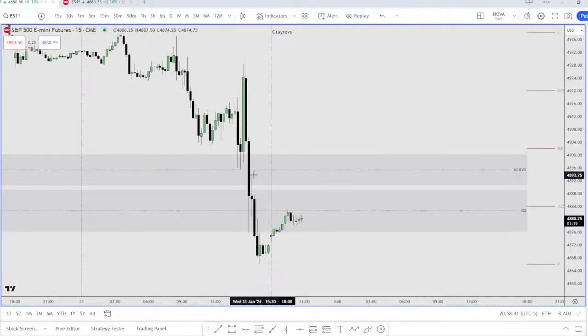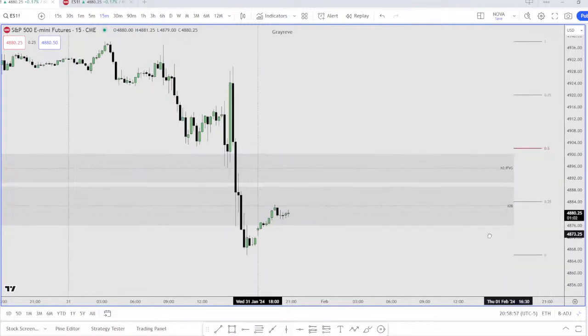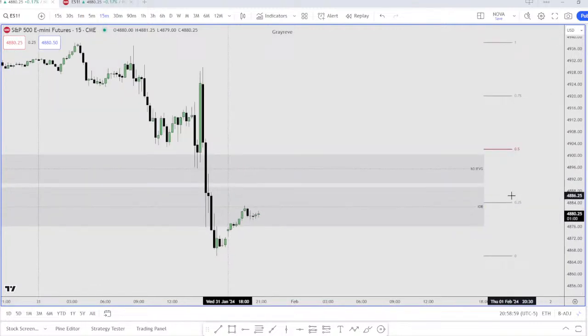If ES is able to come up here, Nasdaq would perform higher, so I am going to focus right here within the inversion order block, as ES is weaker as compared to Nasdaq.